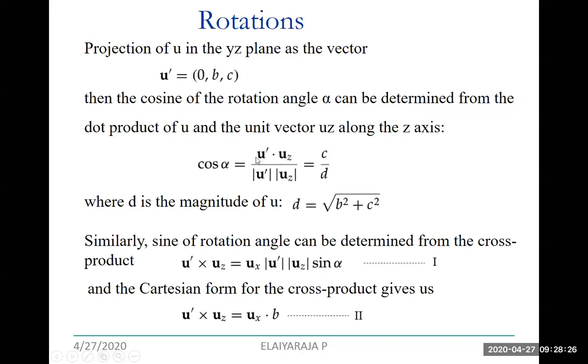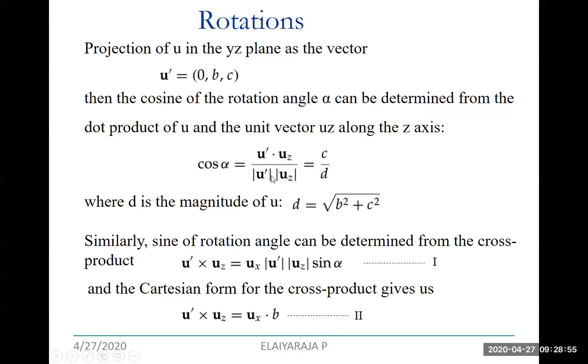So 0 comma b comma c multiplied with unit vector with respect to z axis is equal to 0 comma 0 comma 1. Okay, so multiply these two. 0 into 0 is 0, b into 0 is 0, then c into 1 is c. So you will get the value c.